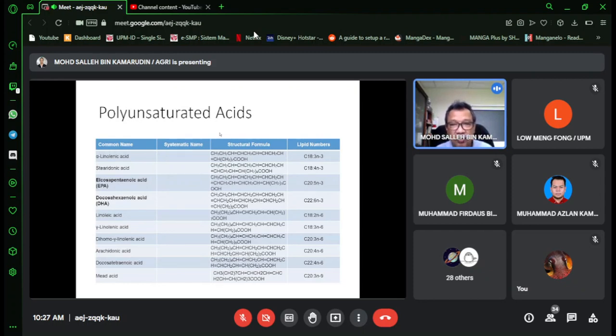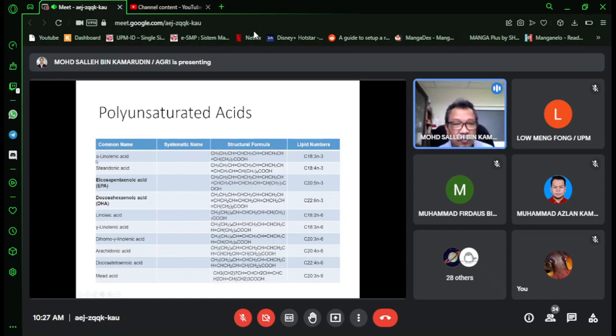Alright, and the most important thing yang biasanya required or very essential in the fish are the polyunsaturated acid. And polyunsaturated biasanya composed of ada juga N9, tapi mostly N3, omega 3 dan juga omega 6 ya.